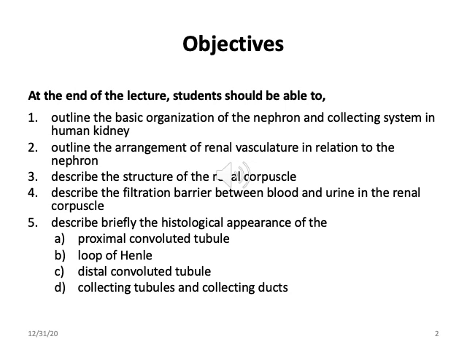These are the objectives of the lecture. At the end of the lecture, you should be able to outline the basic organization of the nephron and collecting system in human kidney.